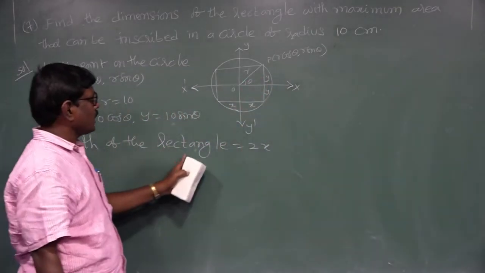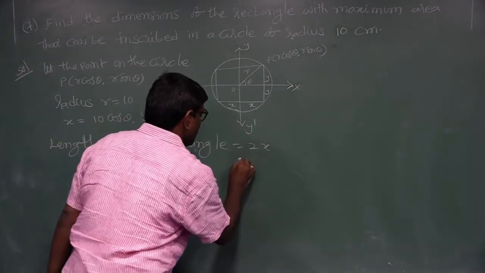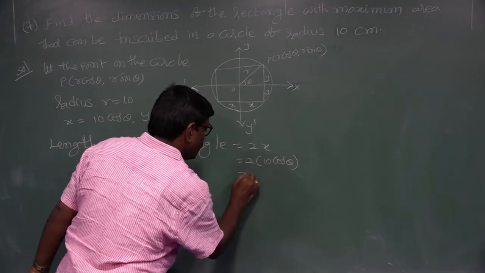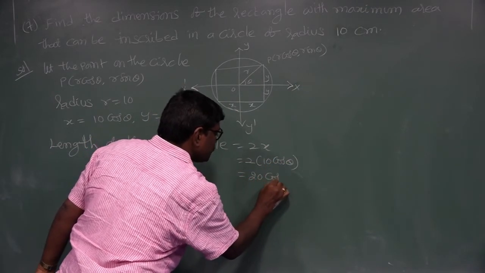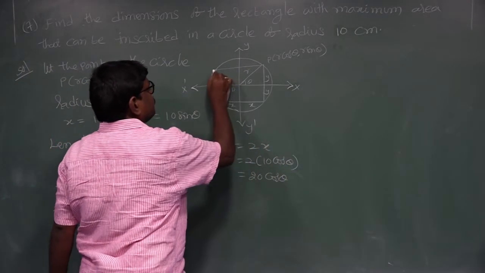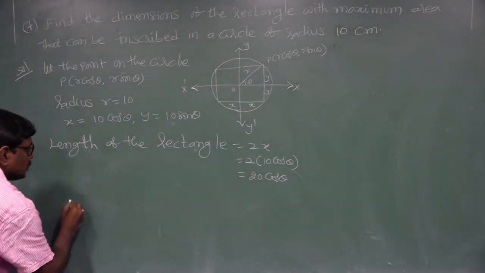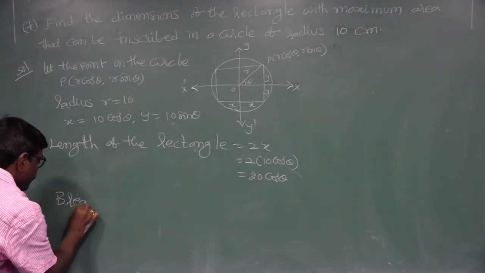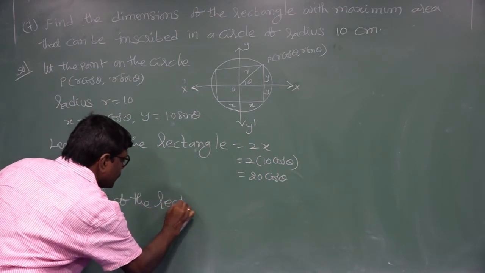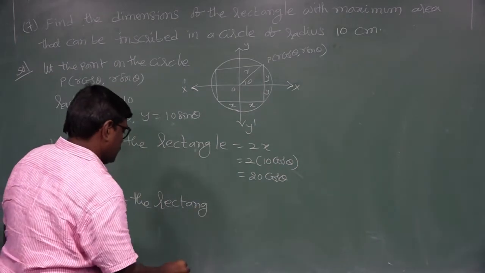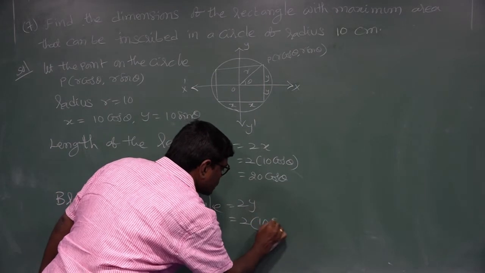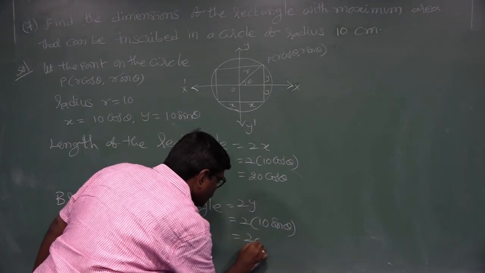Length of the rectangle is 2x equal to 2 into 10 cos theta equal to 20 cos theta. Next, breadth of the rectangle equal to 2y, 2 into 10 sin theta equal to 20 sin theta.